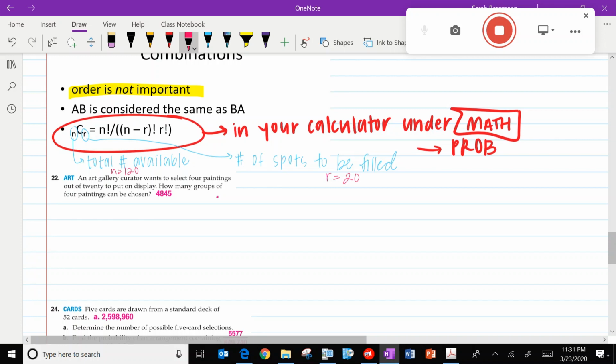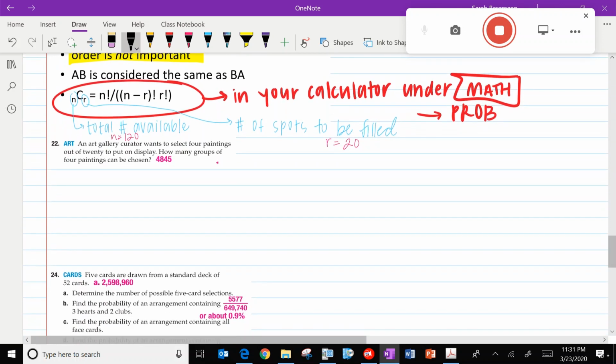All that matters is that they are getting chosen to be put into the display. So I know this is a combination first off. That's the first thing to decide. Okay, so in this one, N is equal to 20 since there's 20 available paintings to choose from. And R is equal to 4 because that's the number that I can take.